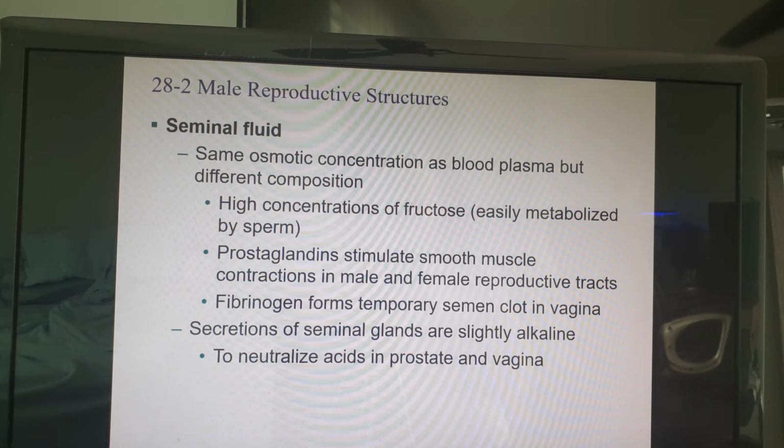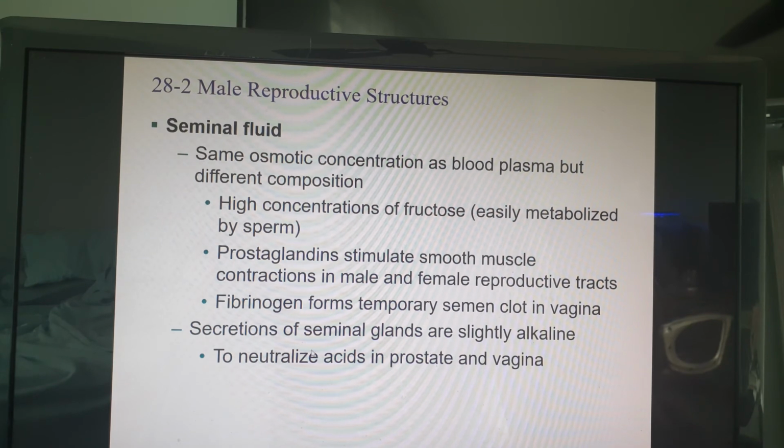It also has fibrinogen, which, if you remember, was a blood clotting factor. Well, it clots the semen in the vagina. So it kind of holds it and gives it time to break down slowly so that we can release the semen and the sperm into the mouth of the uterus, the opening of the cervix, over time, and it doesn't let it just fall out of the vagina should the woman stand up.